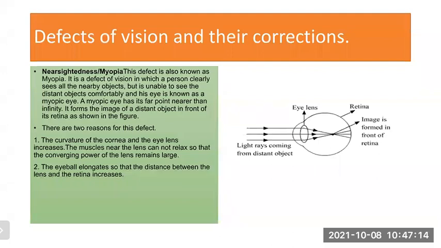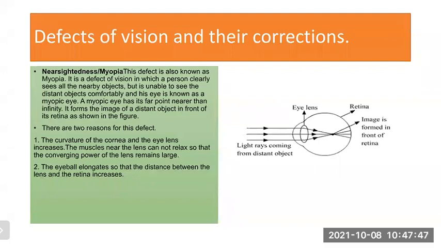This defect is also known as myopia. A person sees nearby objects. Okay, listen carefully. It is a defect of vision in which a person clearly sees all the nearby objects but is unable to see the distant objects comfortably, and his eye is known as a myopic eye.